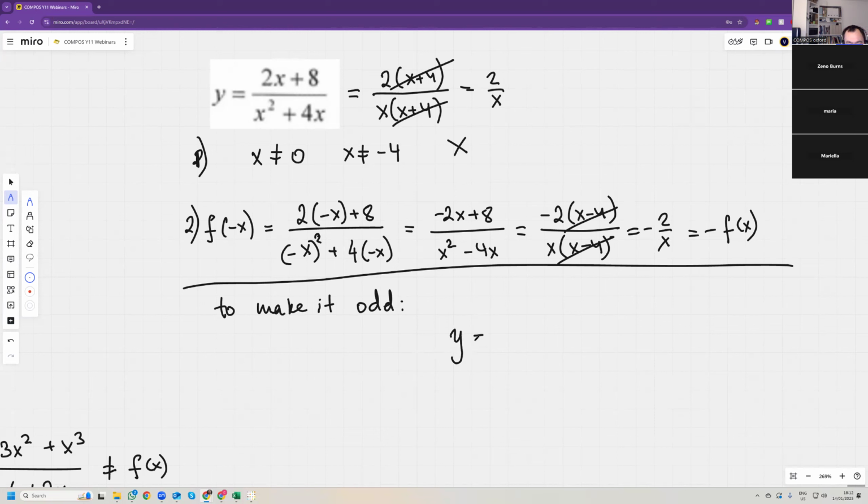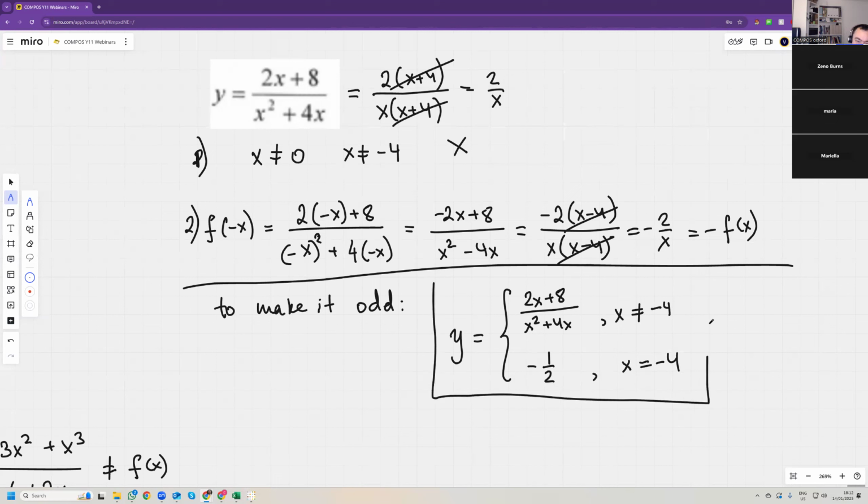We have to say that y is equal to (2x plus 8) over (x squared plus 4x) if x is not equal to -4, and it's equal to -1/2 if x is -4. And this function is indeed odd.